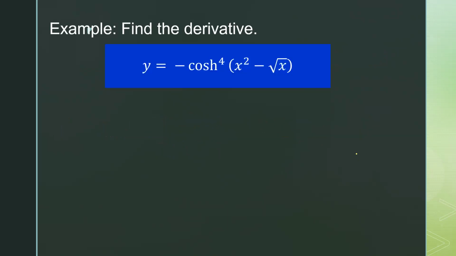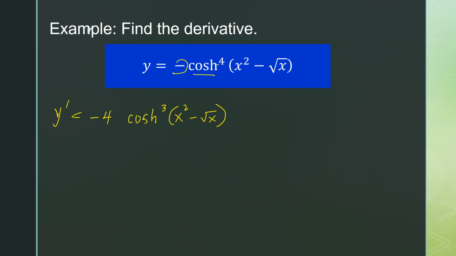Now let's go to this one. Yan. So this time we have a negative tapos to the fourth power. Okay, so what we mean there is, di ba, applying the chain rule, we have negative 4, we bring down the exponent and then raise this to the third power. So we have cosh to the third power of x squared minus square root of x.